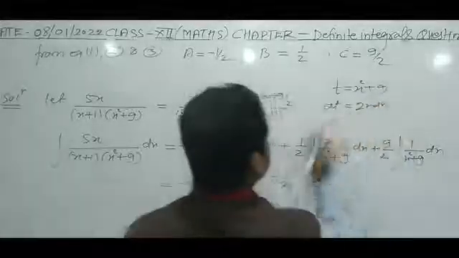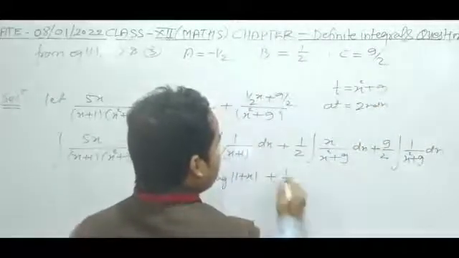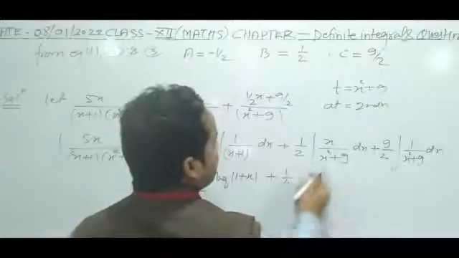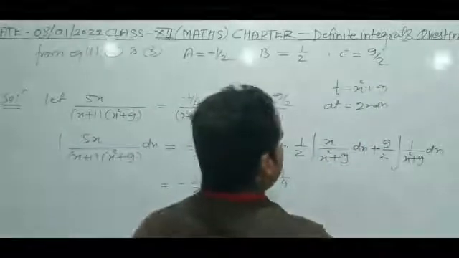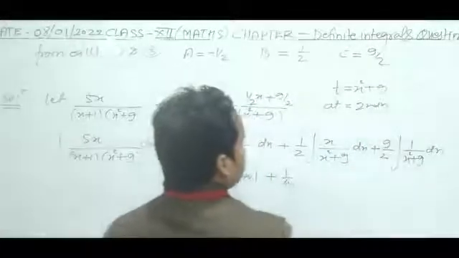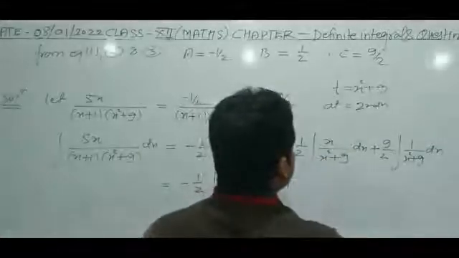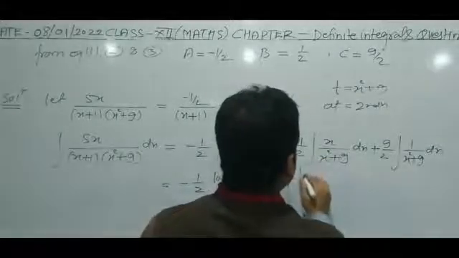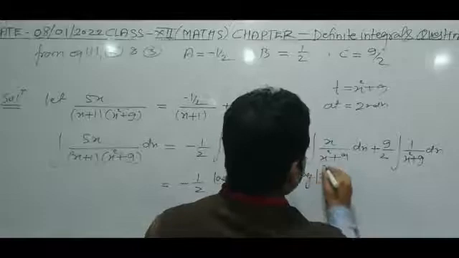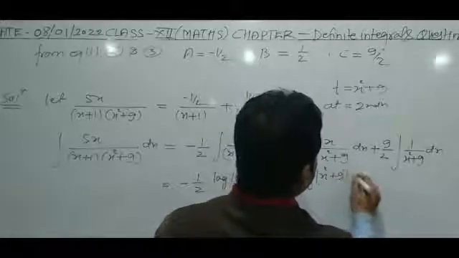Now x dx will be 1 by 2 dt. So this result will be 1 by 4 times 1 by t dt. 1 by t dt means log of mod of x square plus 9.